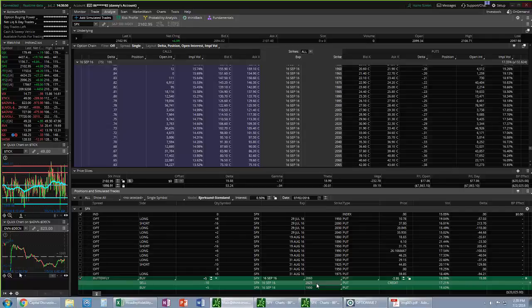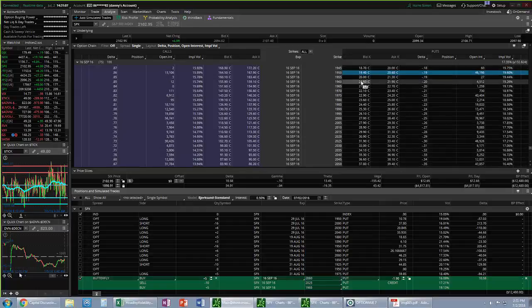And so now we need to add something for the garbage put. We're not going to want to keep the 1950. Let's take a look at either the 1960 or the 65. I've already done the 65.